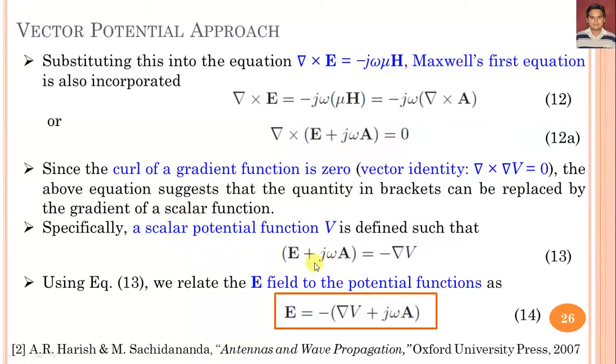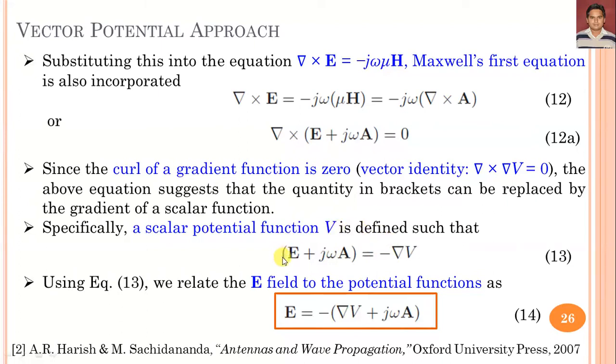The gradient of a scalar function V can be defined in the expression 13, and here you can see E plus j omega A equal to minus del V, where we have replaced it as a gradient of a scalar function. So the negative sign comes here in equation 13.